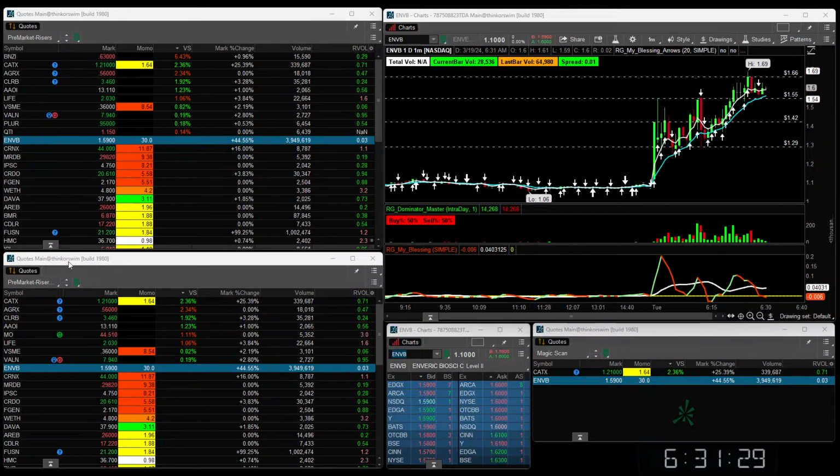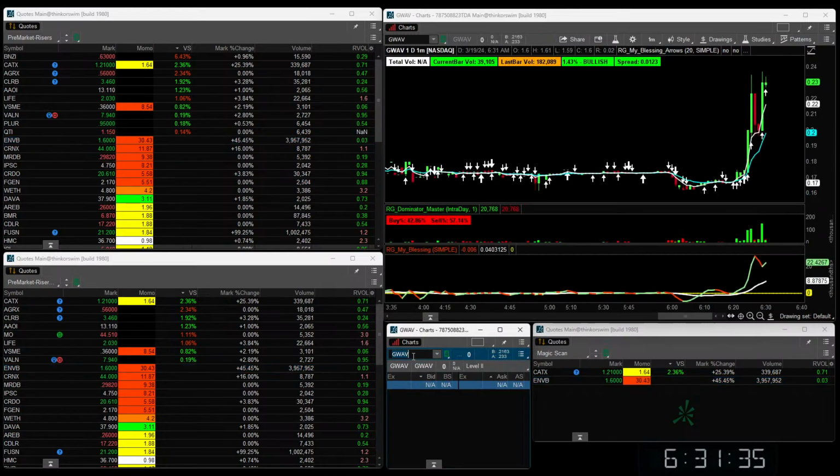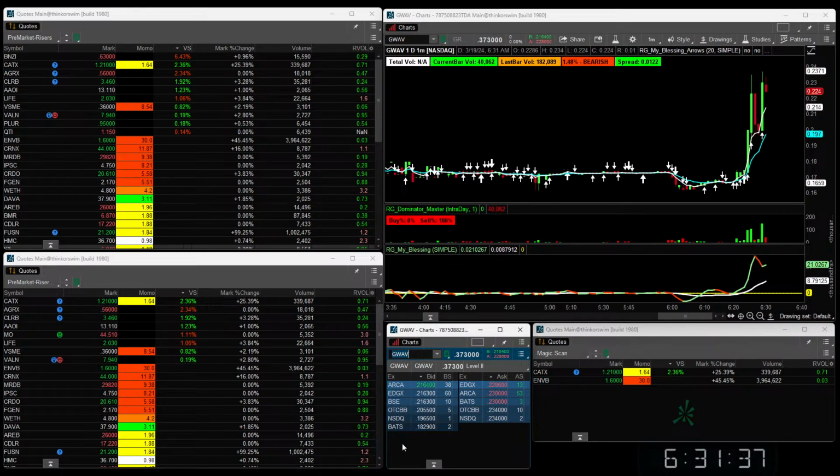G-Wave. Not on my scanner. Let me type it in. Well, we missed the first spike. This is the second cheap stock. I don't buy them under $1.